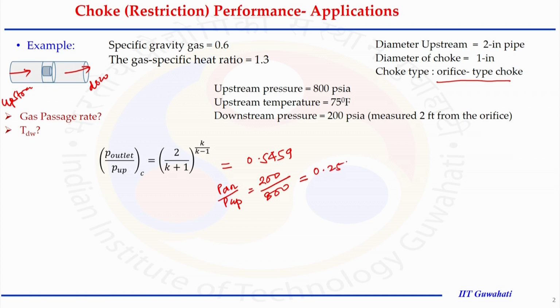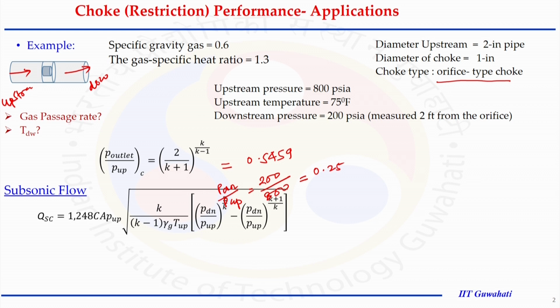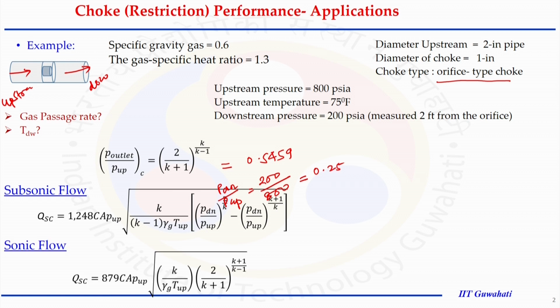So, let us see what this ratio tells us when we compare it with the critical pressure ratio. The flow could be subsonic, and we have a mathematical equation for that, or the flow can be sonic, and we also have a mathematical equation for that. But which one should be used is determined when we compare the pressure ratio with the critical pressure ratio. So, let us see what we do.